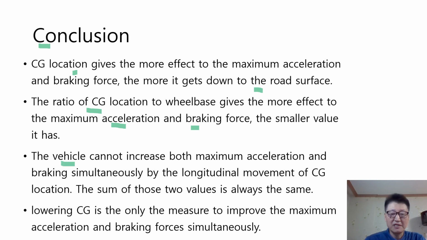The vehicle cannot increase both maximum acceleration and the braking simultaneously by the longitudinal movement of CG location. The sum of those two values is always the same. And finally, lowering CG is the only measure to improve the maximum acceleration and the braking forces simultaneously.